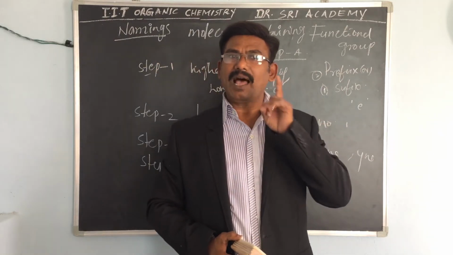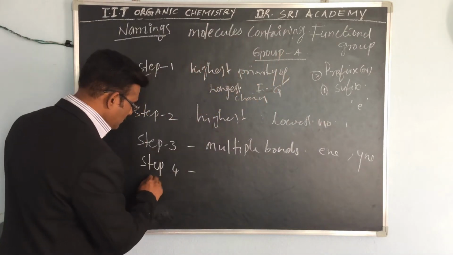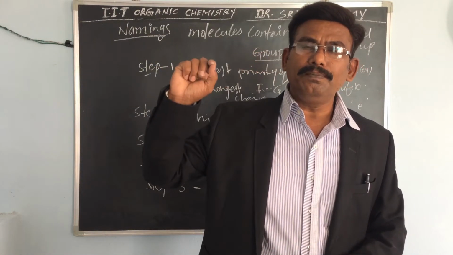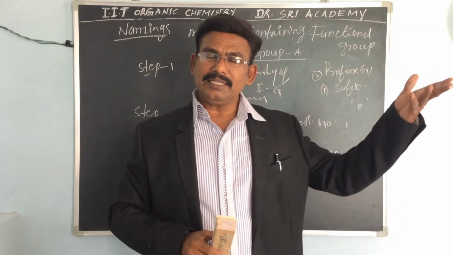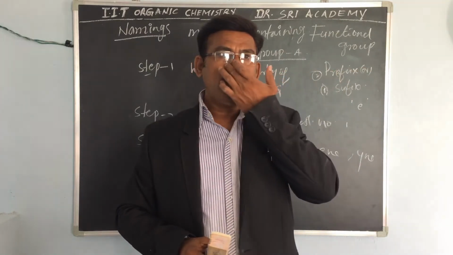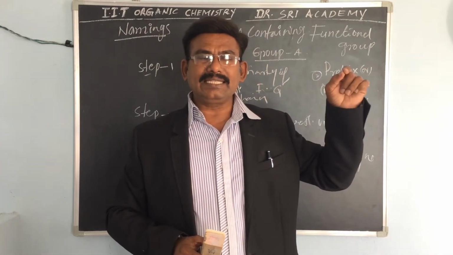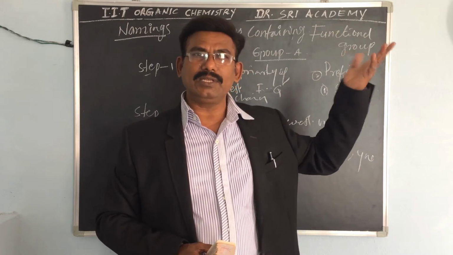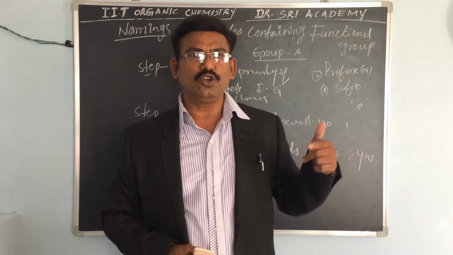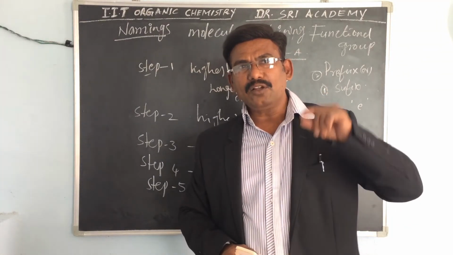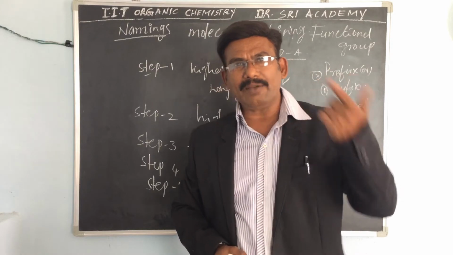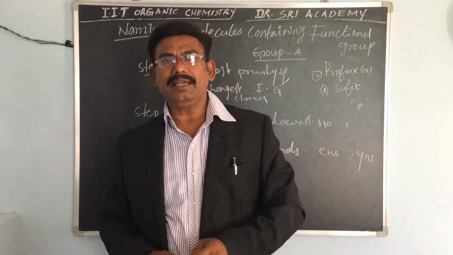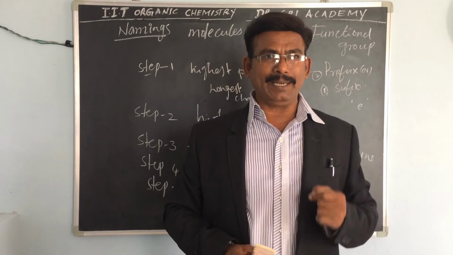And the last step is step 5. Step 5: indicate all group C substituents. In group C many groups are there; A is the functional groups, and C are the alkyl groups and halogens, many are there in group C. So indicate all group C substituents and group A functional groups of lower priority with a prefix.